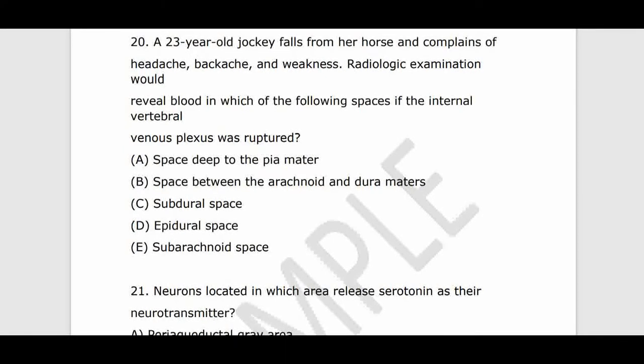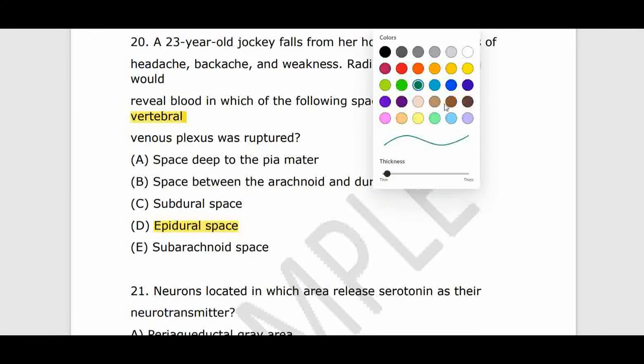So that already answers our question: epidural space is the location of the internal vertebral plexus, whereas the external one is located outside the vertebral column. I don't know if there's a way to draw that with my pen, but let me see.